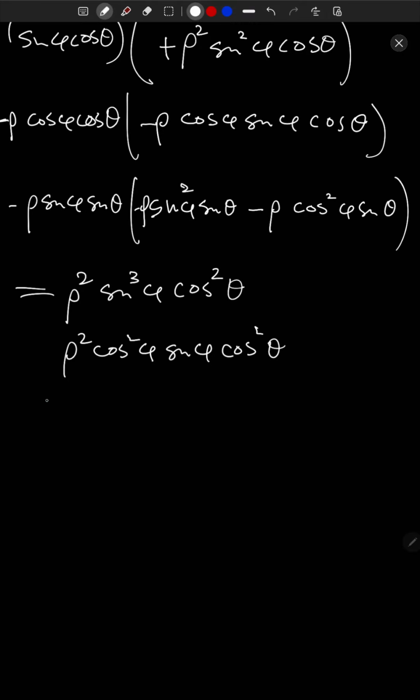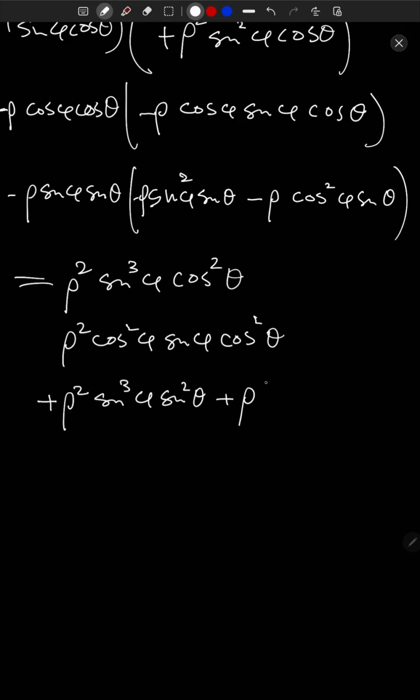And then lastly, I'm going to get plus rho squared sine cube phi sine squared theta plus rho squared sine phi cos squared phi sine squared theta.